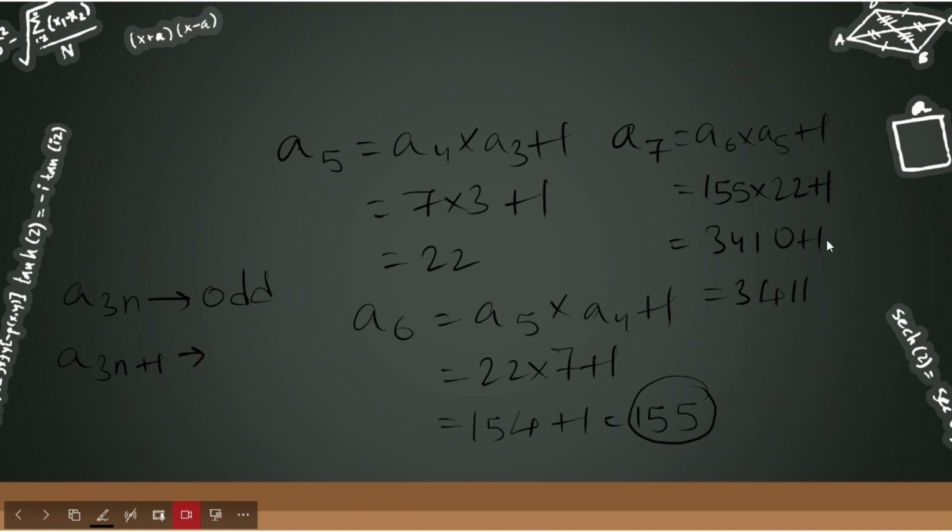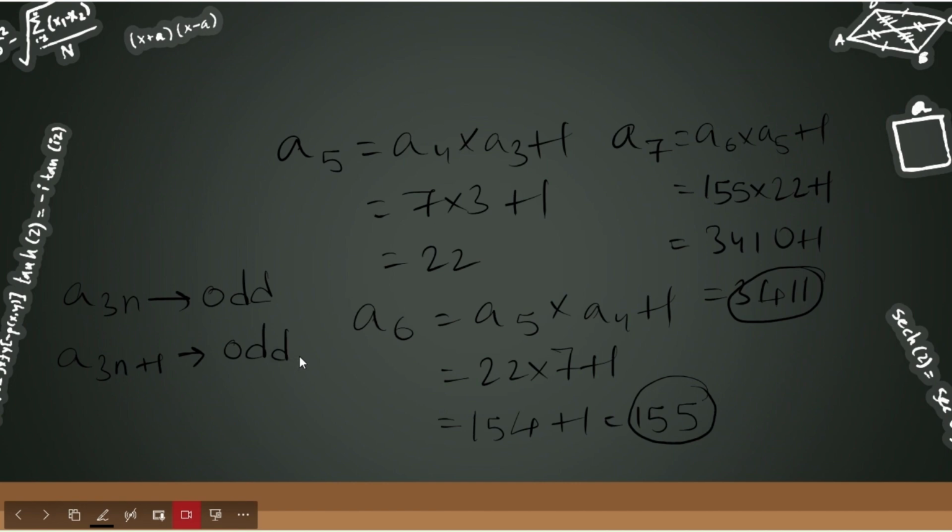So this is again an odd number. So a4, a7, and similarly a13, which is 3 into 4 plus 1, will again be an odd number. By this logic, we can conclude that a3n plus 1 is an odd number.